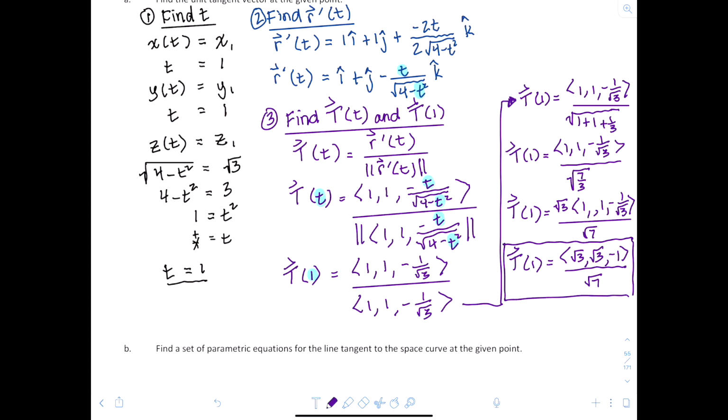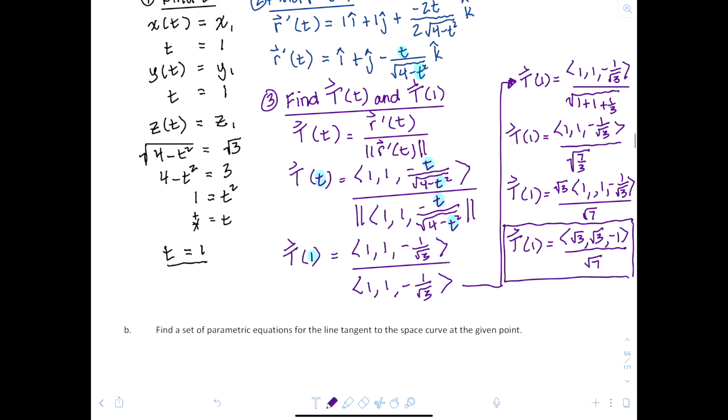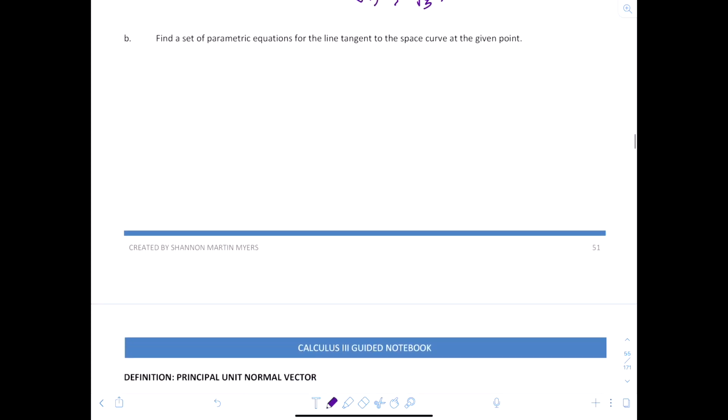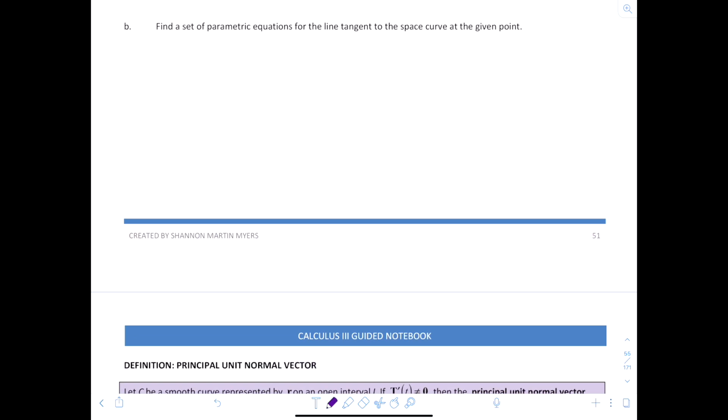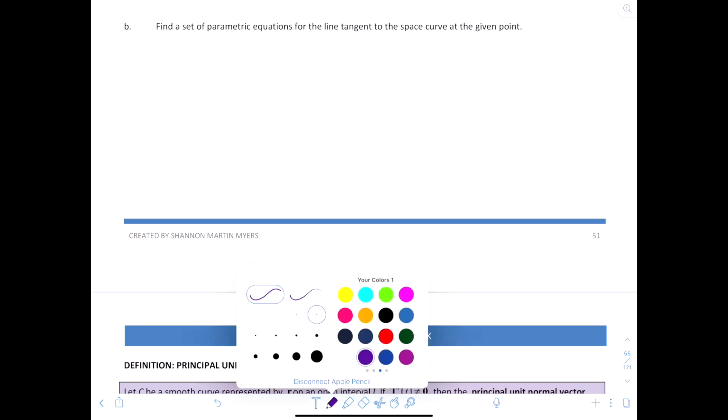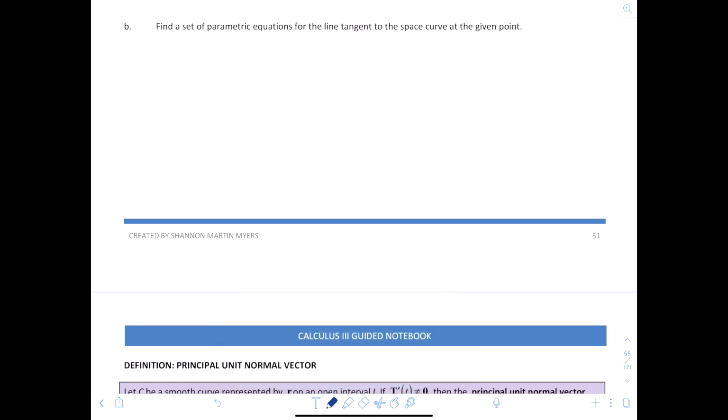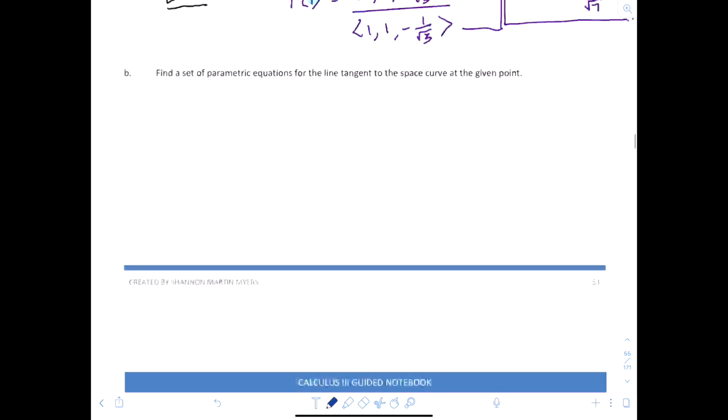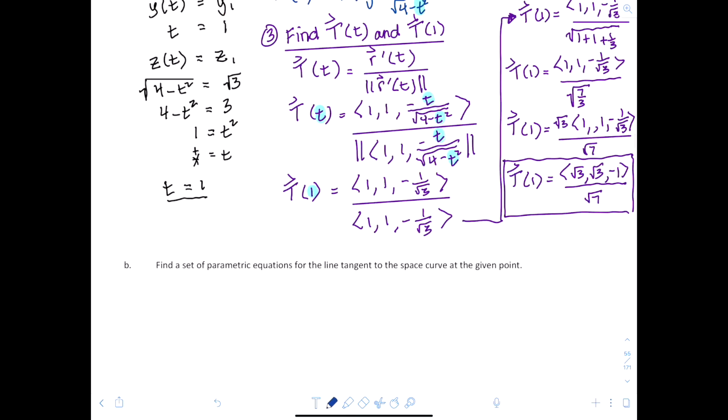Groovy? All right, so next up, we want to find a set of parametric equations for the line tangent to the space curve at the given point. Okay, and we're working with what we had, right? Our T at 1.